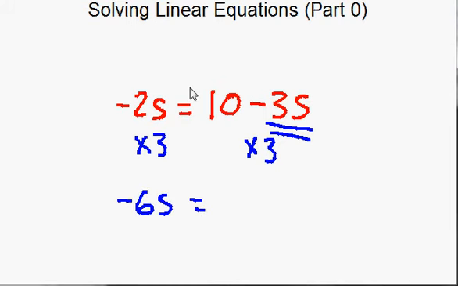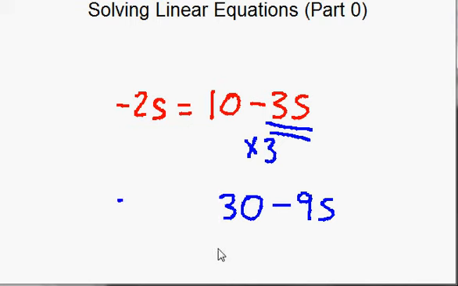And on the right, when I multiply this by 3, I've got to distribute it all the way through, and I end up with 30 minus 9s. This is like the distributive law and combining like terms. Did I get rid of the s? No. It's still okay to do that because I did the same thing to both sides. It's not an incorrect thing, but it's just not helping us. So let's get rid of that stuff.